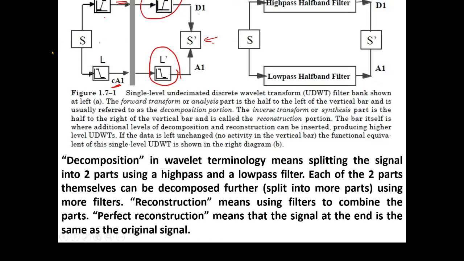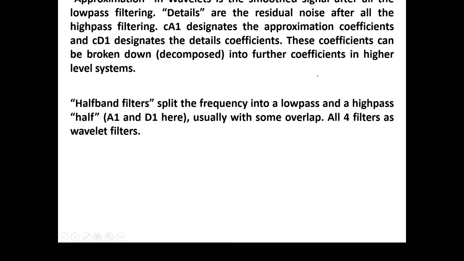The low frequency components are regarded as the approximate coefficients, and the high frequency components are regarded as the detailed coefficients. If you combine H and H dash, it is called the high pass half band filter, and if you combine L and L dash, they are regarded as the low pass half band filter. This is what has been shown over here.